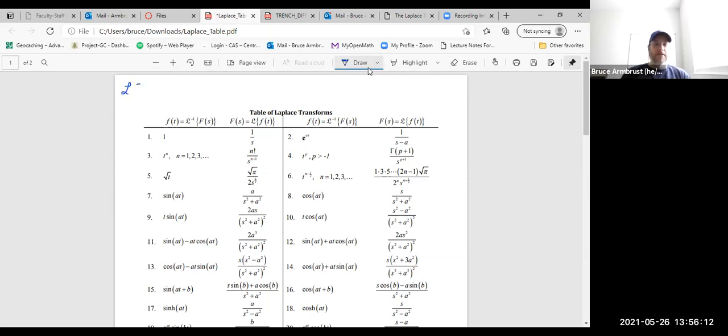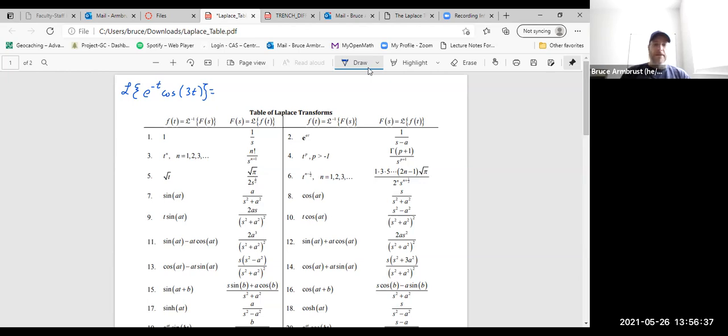Let's find the Laplace transform of, how about, e to the minus t cosine of 3t. We'll use our chart to help us figure that out.